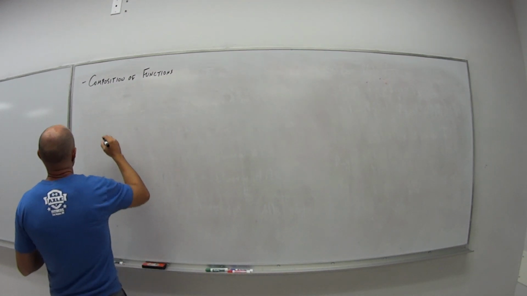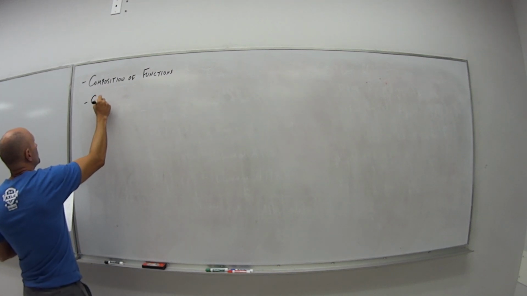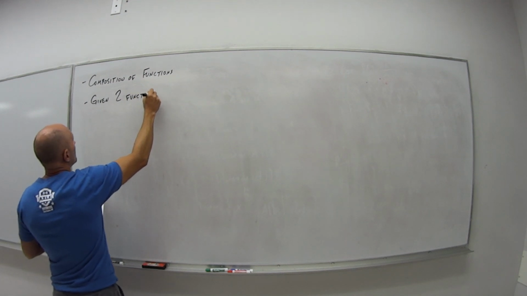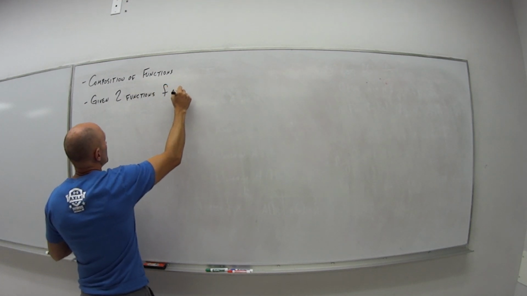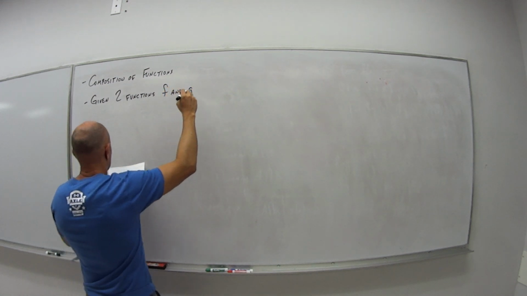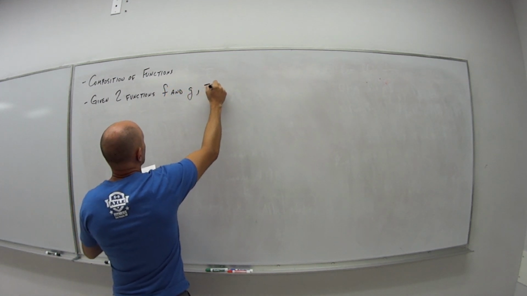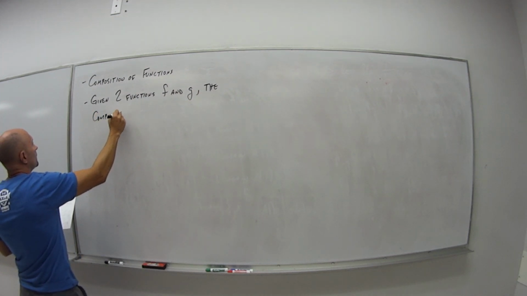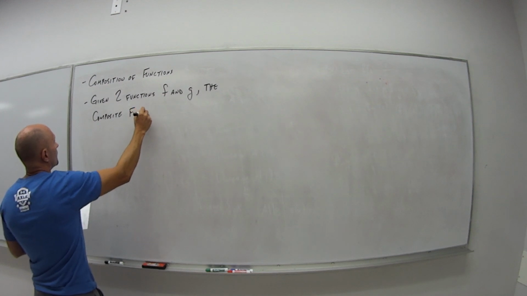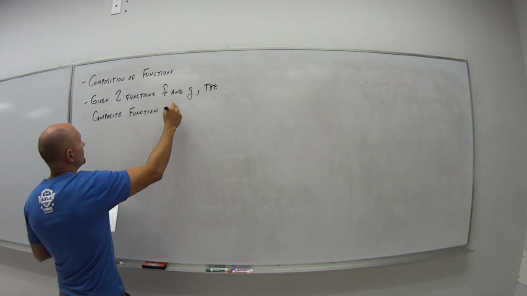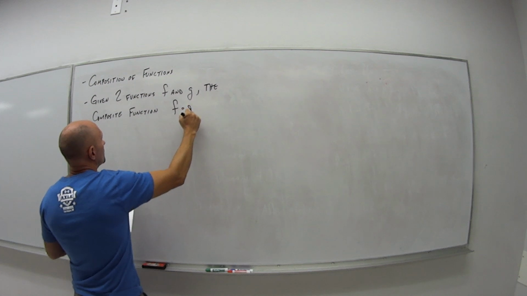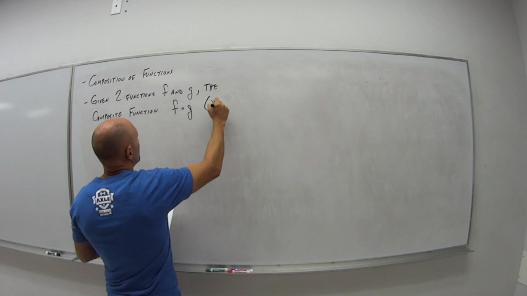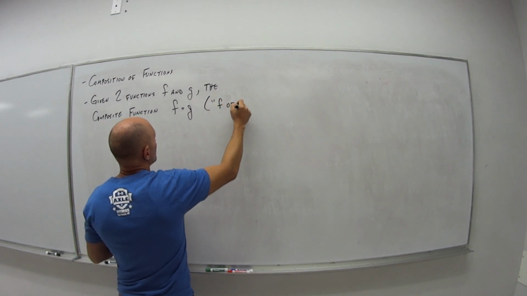So let's look at a definition first. Given two functions f and g, the composite function, we write this f with a little open circle g. We say this is f of g.